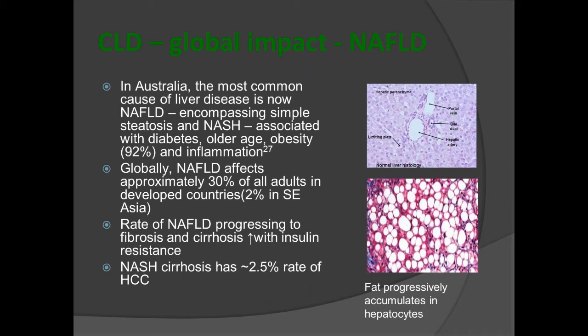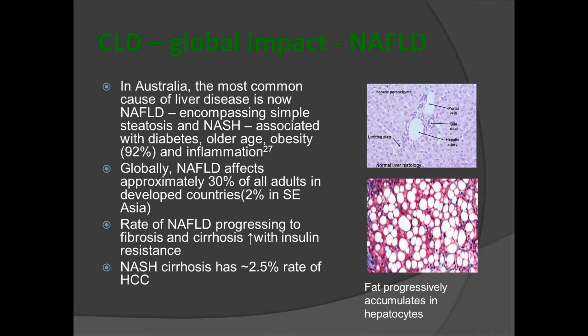There's a big shift in the amount of liver disease we're seeing internationally, and that is because of non-alcoholic fatty liver disease, or should I say internationally in developed countries. So there's an estimation that non-alcoholic fatty liver disease actually affects about 30% of all adults in developed countries, as opposed to only 2% in Southeast Asia.